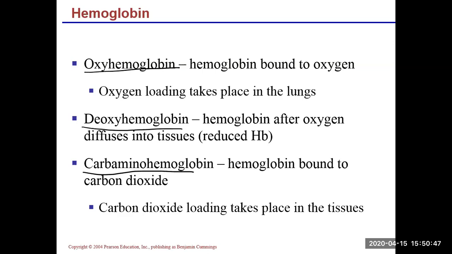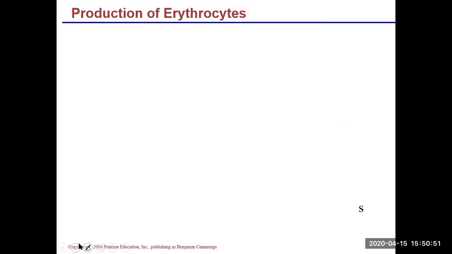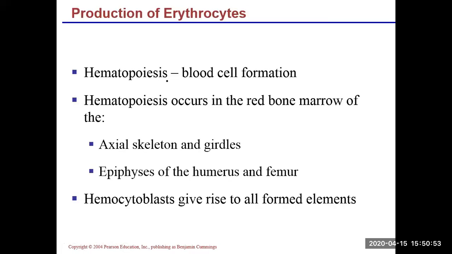Let's briefly talk a little bit about the process of hematopoiesis, which is blood cell formation. Again, it happens in the bone marrow of the axial skeleton and pelvic girdles. Your thick bones have bone marrow in them. The majority of long bones, humerus, femur, are capable of doing that.